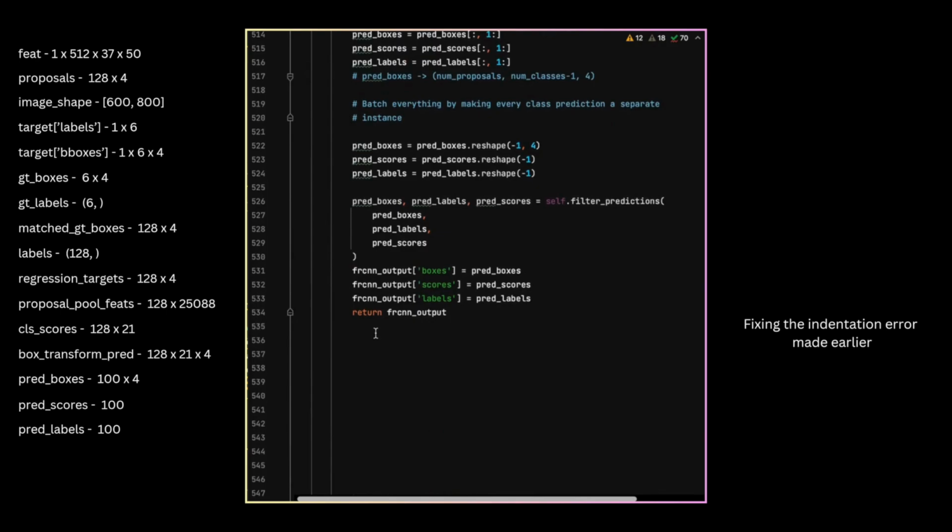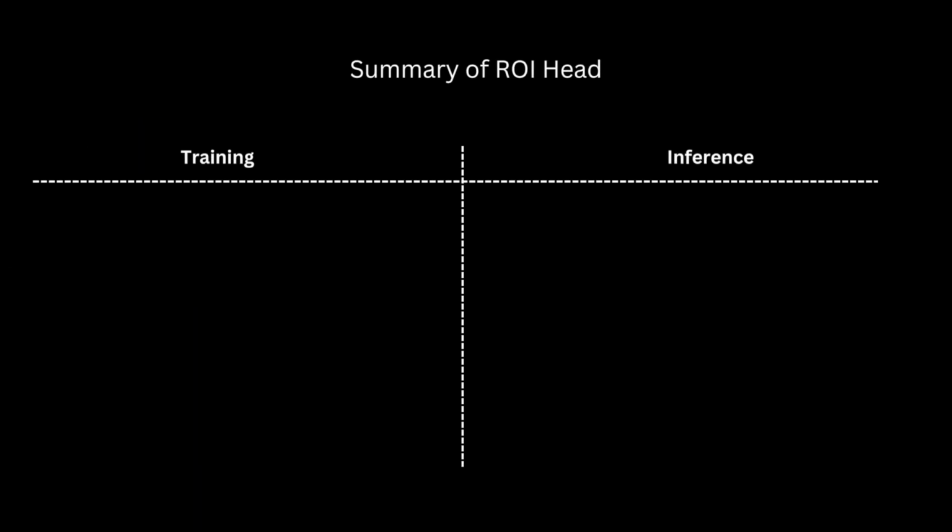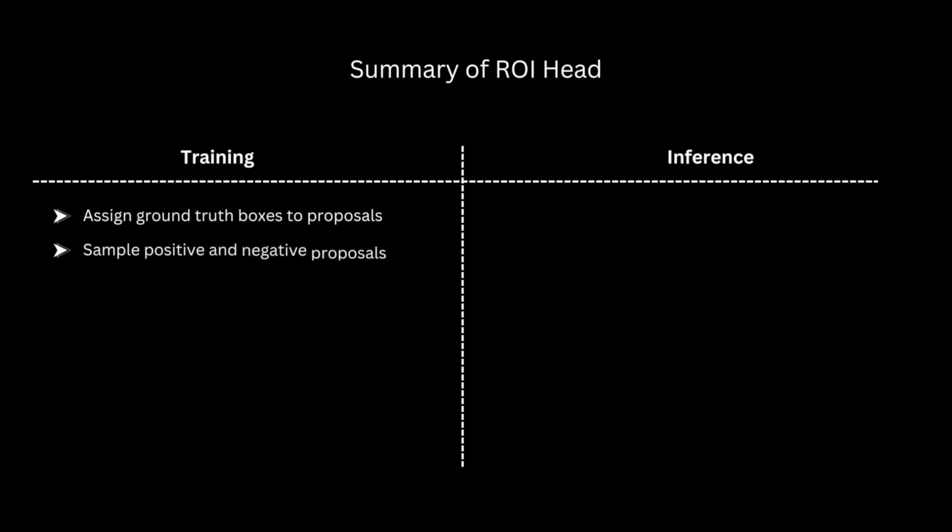Let's again summarize everything that we are doing inside the ROI Head module. For training, we assign ground truth boxes to proposals, sample positive and negative proposals, and get the classification and localization targets for these sampled proposals.